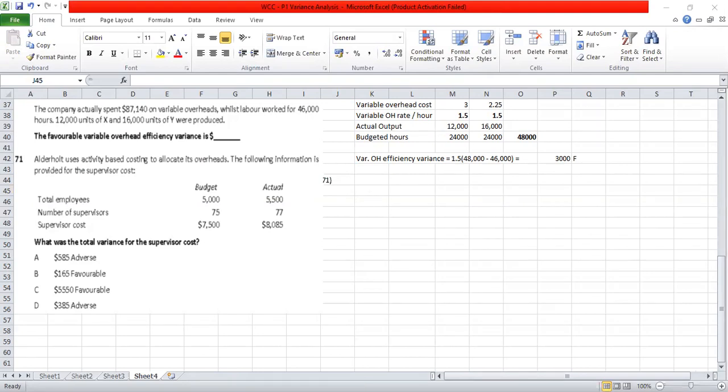So if the activity mentioned here is supervisors, then the supervisor time is the basis of apportionment, the time which is spent to supervise. The activity here is not in terms of units, but in terms of the number of employees. So we have to spread this cost, taking the usage of the activity as the number of employees. So let's write total variance for supervisor cost.